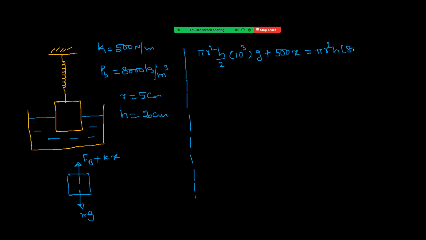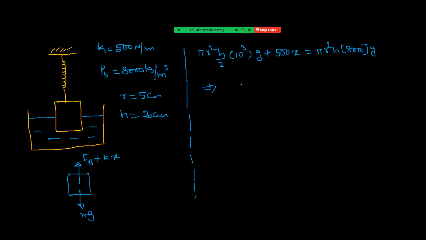Density is 8000. Volume into density is mass, into g. So just the calculation part remains. The r value is given, the h value is given, so this value is known, and this value is also known.